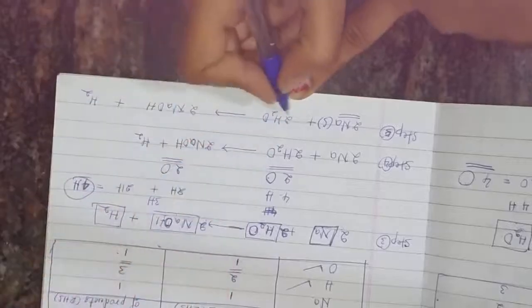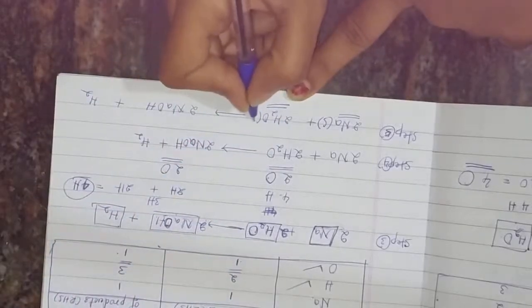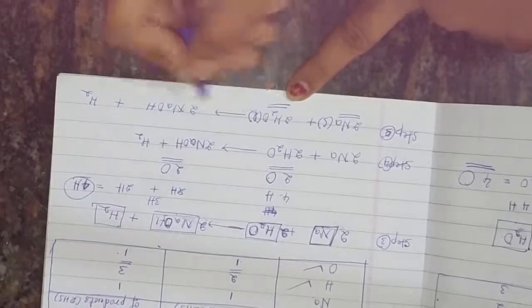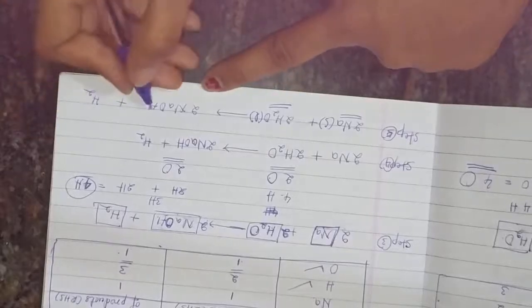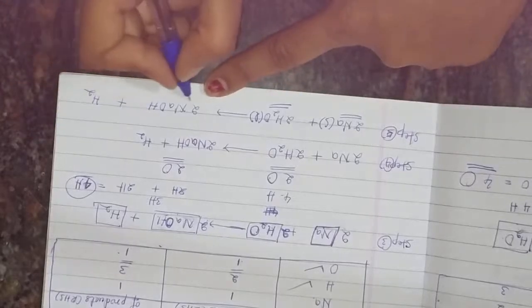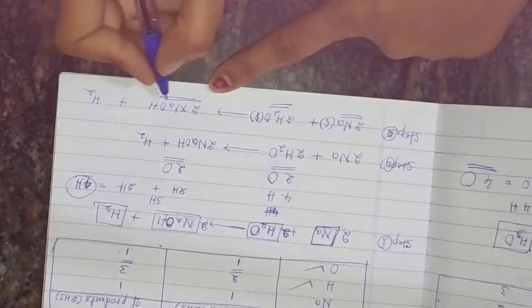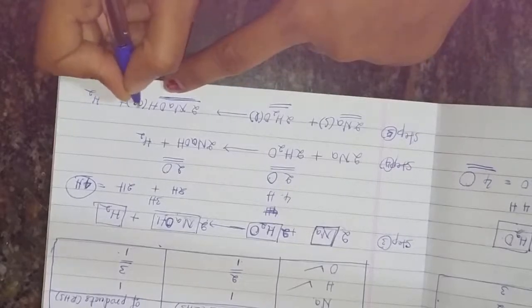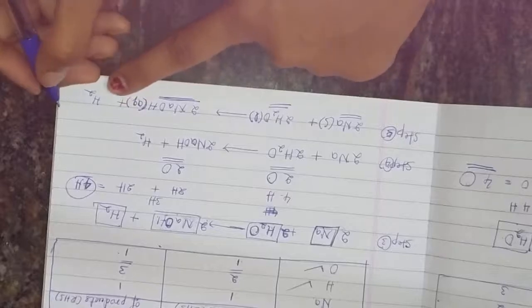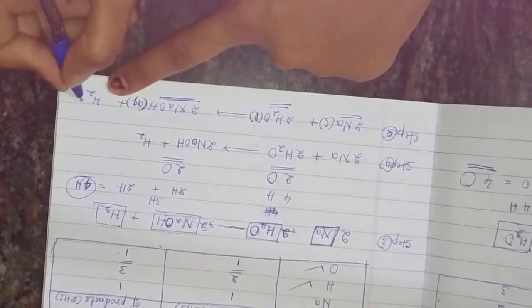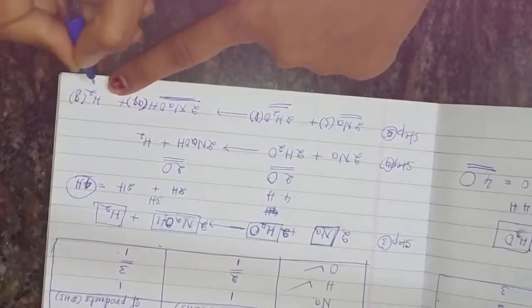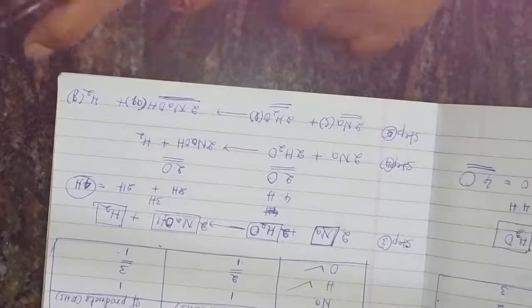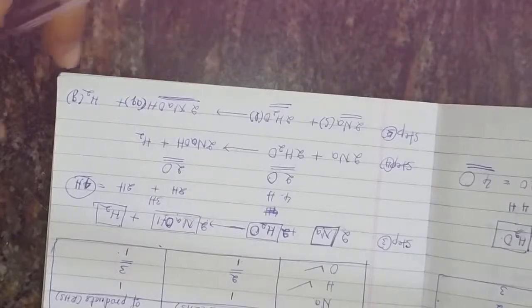We know that water is a liquid. So I will write L inside this bracket. It reacts to form the sodium hydroxide solution. This is a solution. Therefore we will write AQ inside the bracket, and hydrogen gas is released. It is a gas, therefore I will write G inside the bracket. Okay, like this we have to balance the chemical equations.